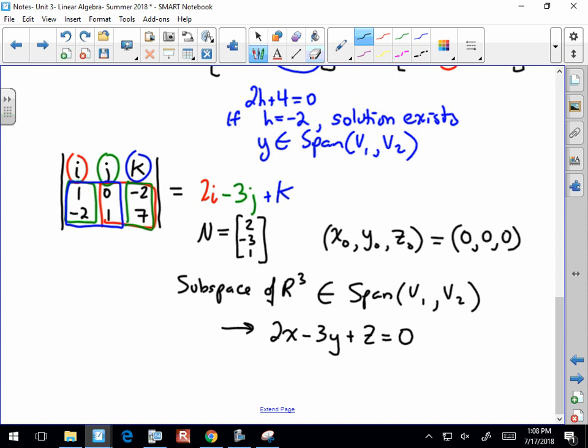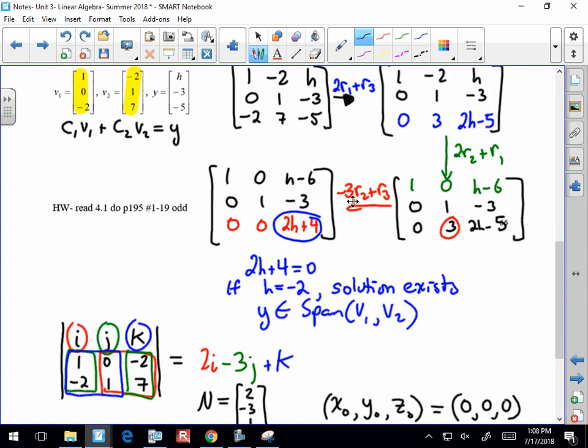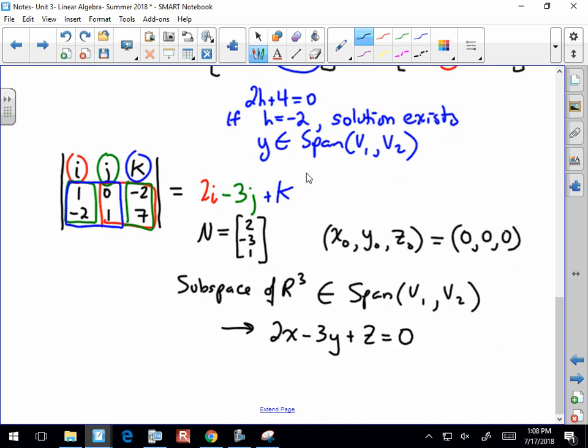And since we can write the other vector, the last one here, H negative 3, 5, in order for the solution to exist, we needed H to be equal to negative 2. Negative 2, negative 3, 5 should be in the plane.